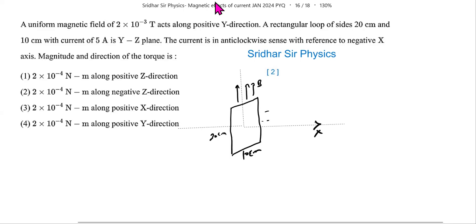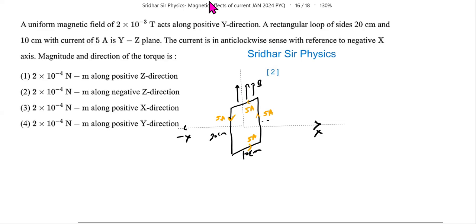This is the positive x-axis, negative x-axis. The current is anti-clockwise, so the current here will flow in this direction, 5 ampere. Okay, fine. So now he's asking for the magnitude and direction of the torque.